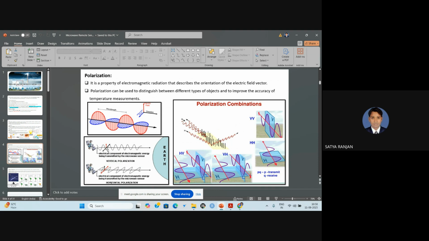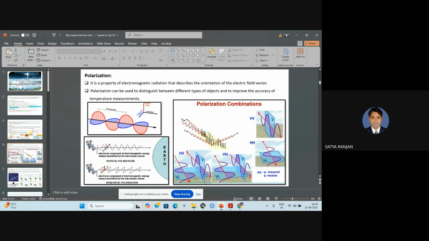There are two types of waves, vertical and horizontal. Suppose the incoming wave is horizontal and the radiation is reflected back in vertical, then the sensor is called HV polarization.